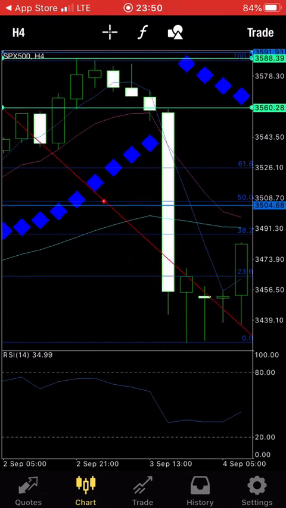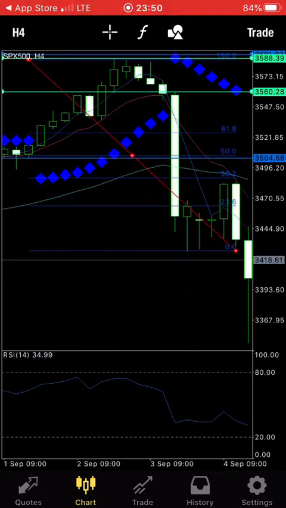So yeah, basically you got the parabolic SARs on the bottom, those blue little diamond things. When they're on the bottom, it's showing that it's in a positive momentum. And then you see it up top, that's in a downtrend. So when it's on the bottom, it's in an uptrend, and when it's at the top, it's in a downtrend.